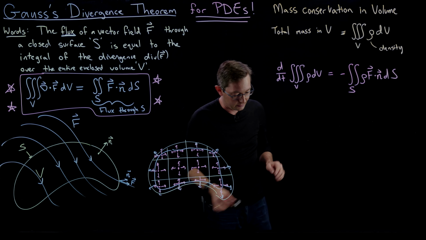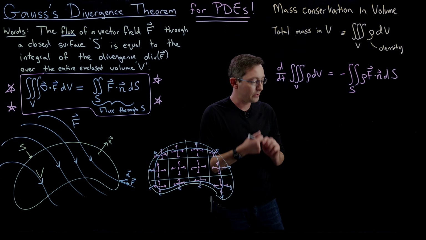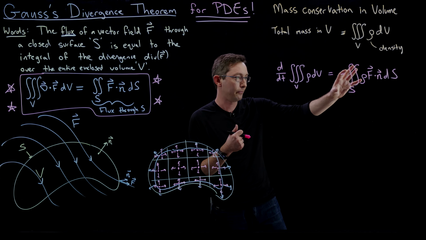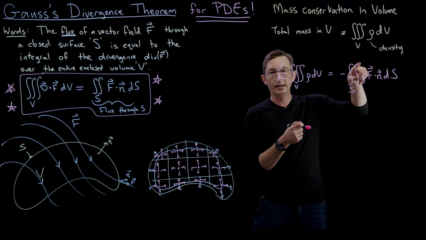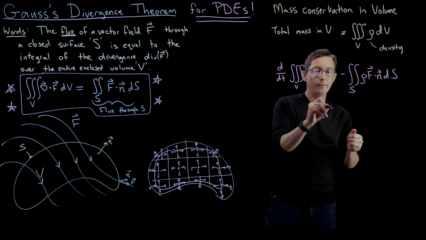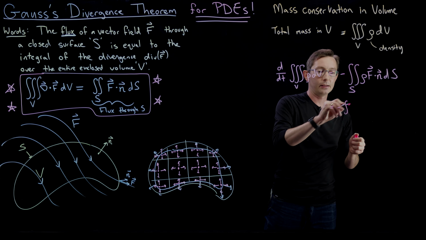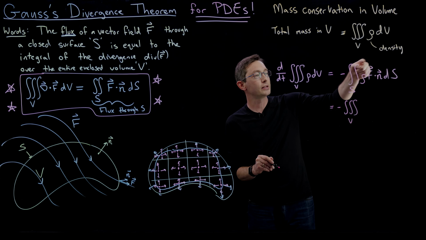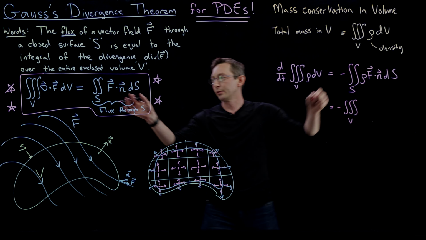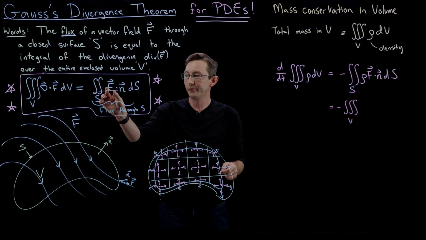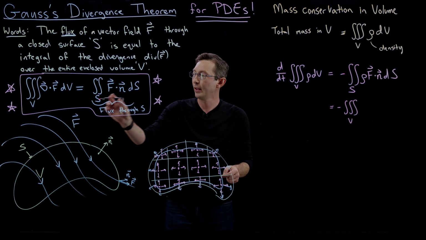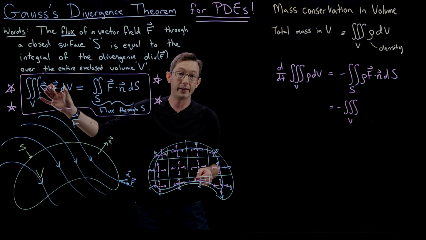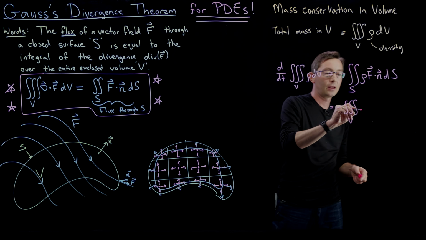And the way we do it is as follows. So we're going to say this quantity here is equal to minus the triple volume integral of the divergence of this quantity, right? So the surface integral of some flux dotted with a normal is equal to the volume integral of the divergence of that vector field.